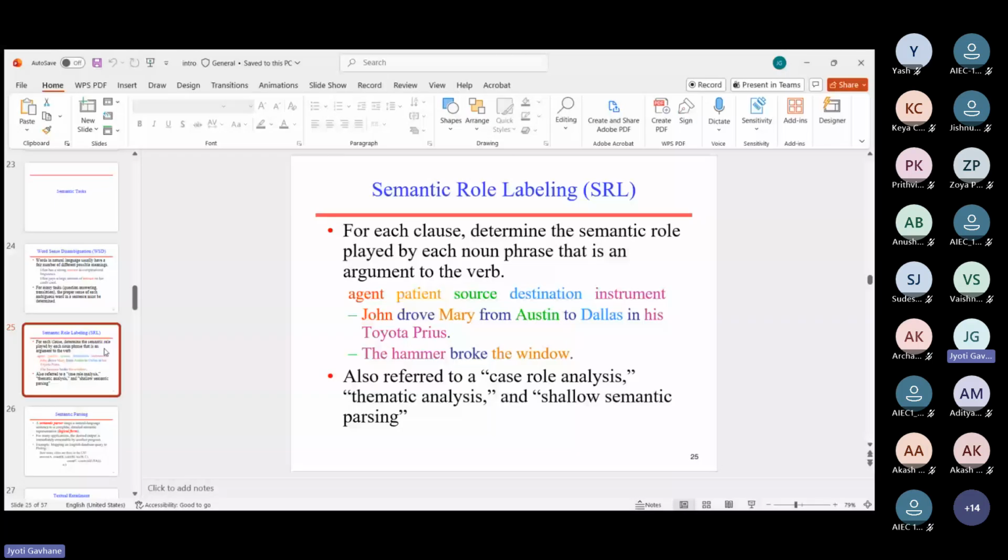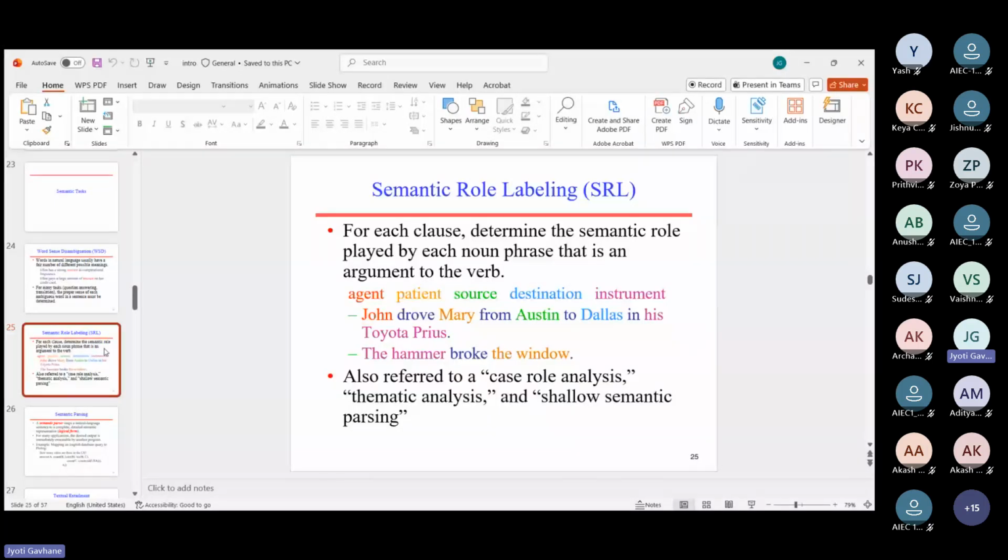Some statements have been given with roles like agent, patient, source, destination, instrument. But if I am writing the statement "John drove Mary from Austin to Dallas in his Toyota Prius," now you have to relate each noun phrase with the help of the verb. Then "from Austin to Dallas", again nouns came.